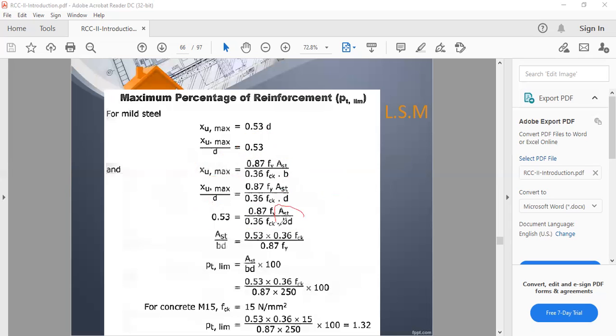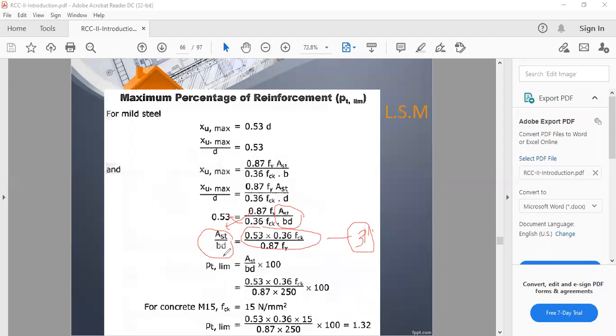Taking it to this side and equating, ASC upon BD equals 0.53 into 0.36 FCK by 0.87 FY. Consider this as the third equation.